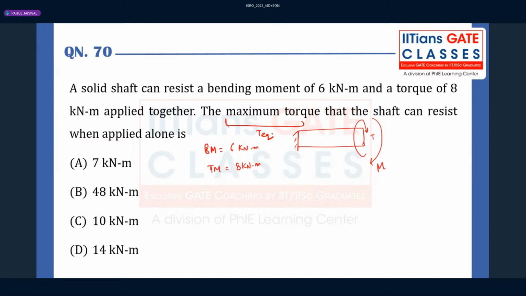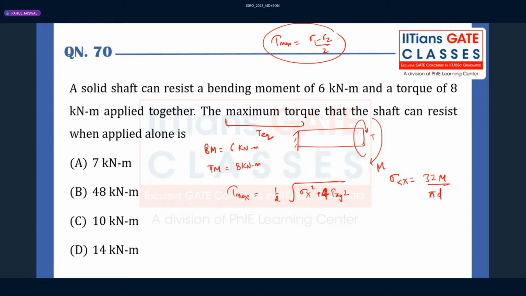Whenever both bending moment and twisting moment are acting, what is the maximum shear stress? We know the formula: half of the square root of (sigma x square plus 4 times tau xy square). How are we getting this formula? Sigma 1 minus sigma 2 by 2. This is the formula we have. When the circular shaft is subjected to the bending moment, the bending stress is 32M divided by pi d cube.